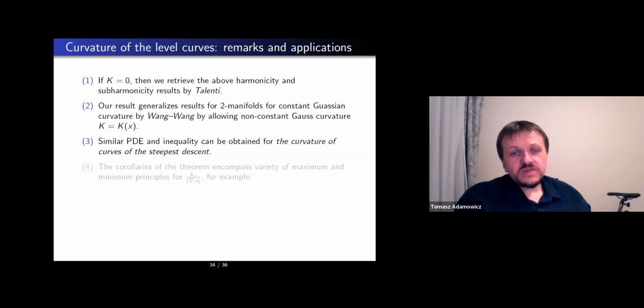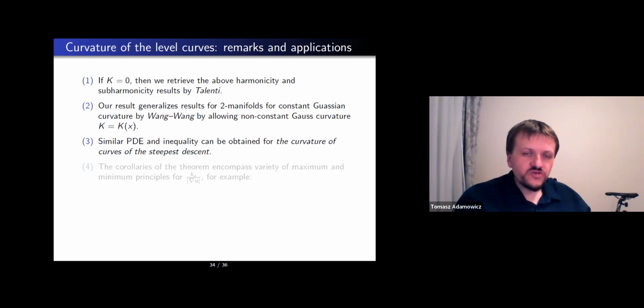The curves of steepest descent are curves orthogonal to level curves, and one can also define their curvature. For such curvature, one can formulate a similar partial differential equation and differential inequality as for the curvature of level curves. For the details, I refer to a work with Giona Veronelli.